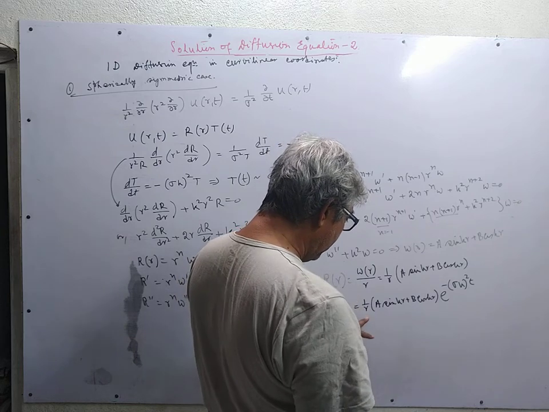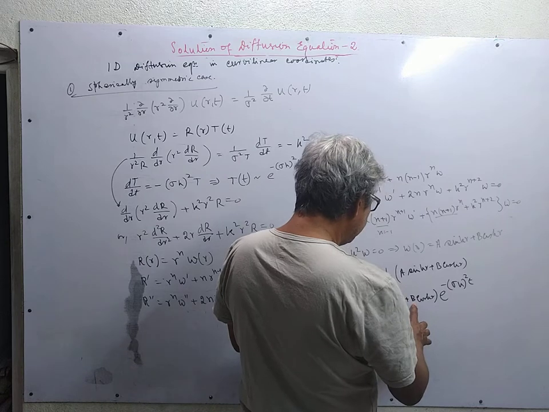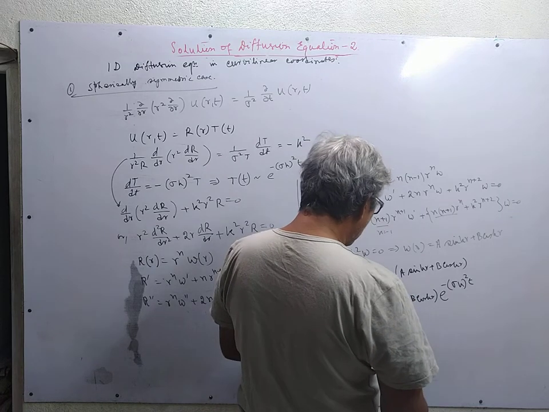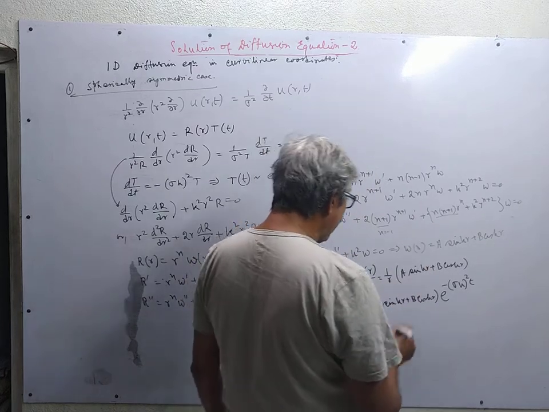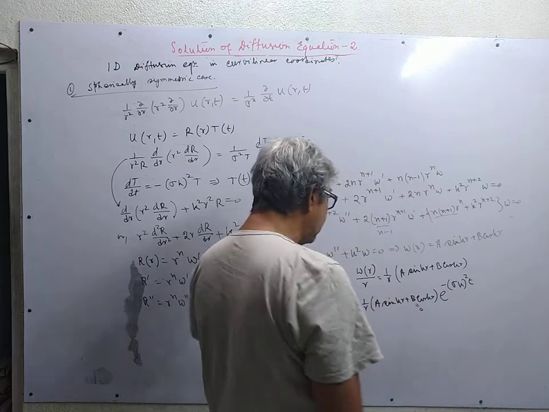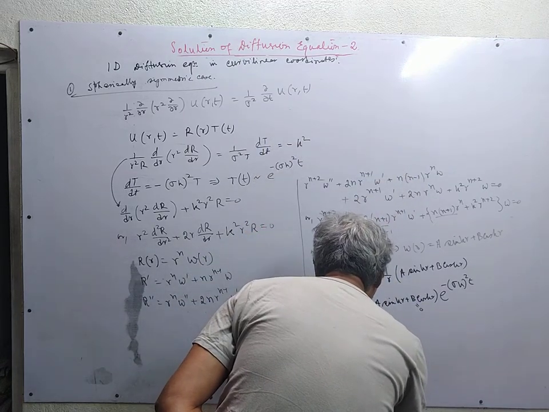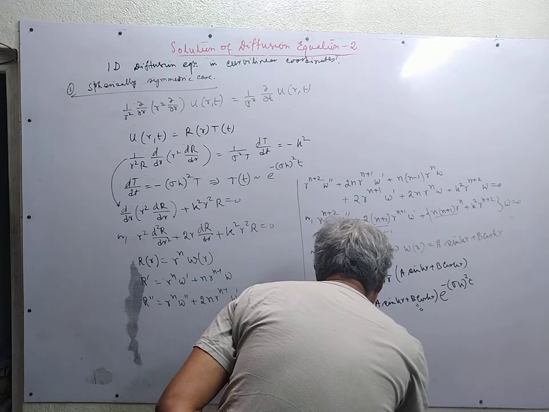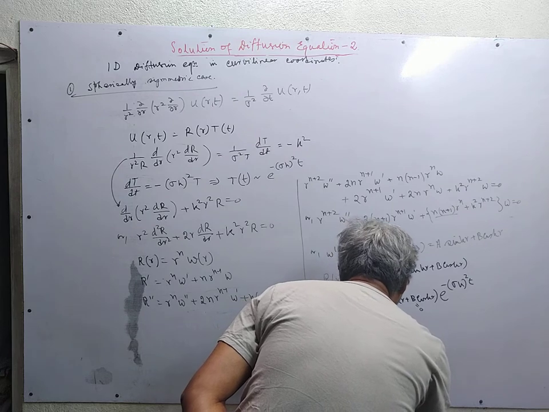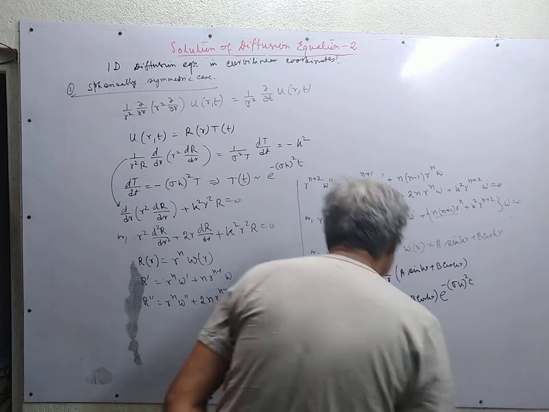At r is equal to 0, the sine part is 0 and the cosine part is b by r, a b by 0 form. So for the solution to be finite at the origin, b has to be 0, in which case the solution reduces to a by r sin kr e to the power minus (sigma k) whole square times t.